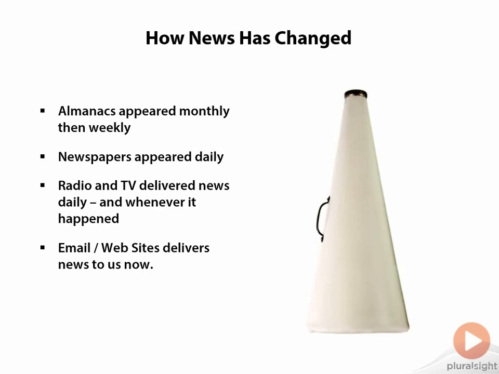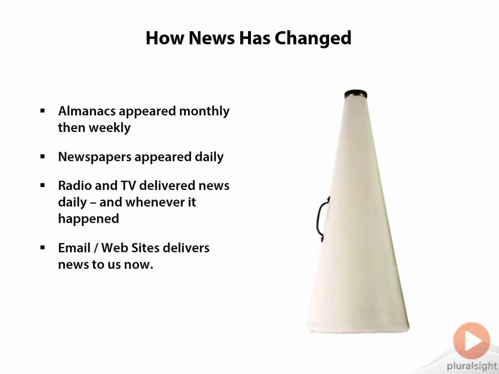Then, when radio and TV came about, well, heck, it got even faster yet. And we suddenly had CNN, Cable News Network, and now they started Headline News, and that's all great, but we've moved even beyond that, where most of us consume our news through email and websites. That's the way we get it.